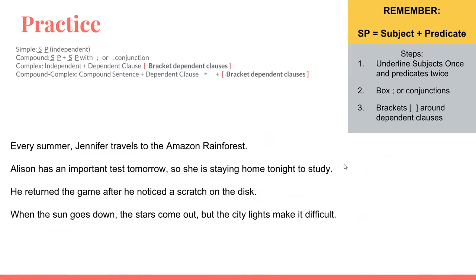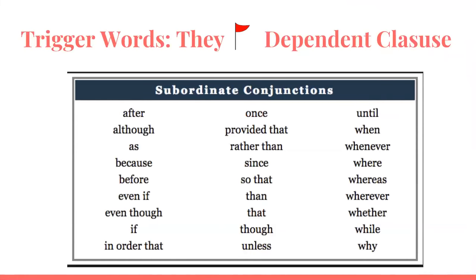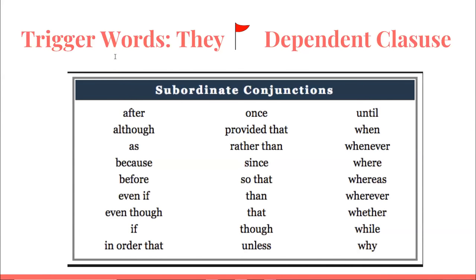So one of the things I want to go back to is this list, subordinating conjunctions, which you can find by searching for that. The other thing you want to look for, and I'm going to add a text box in here really quick so you can look these up, is relative pronouns.